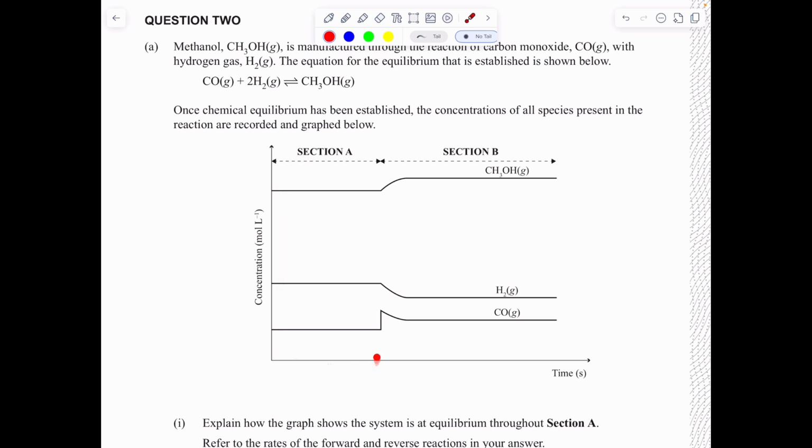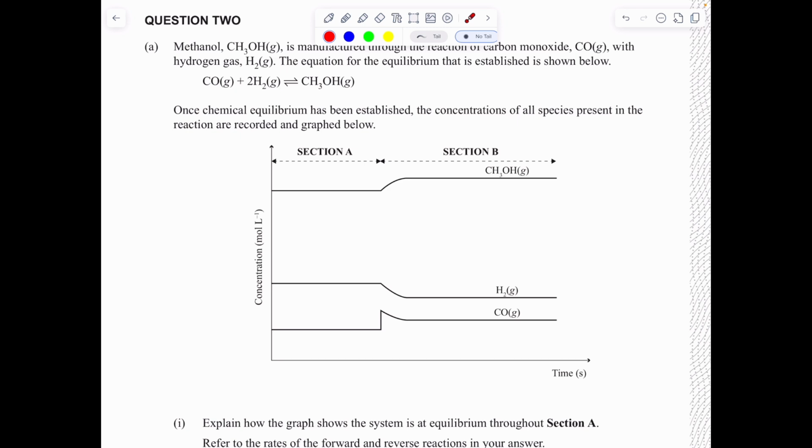So if the concentrations are the same, this means that the concentration of the products being produced and the concentration of the reactants being produced are the same throughout this time period. Why is that? How is that possible?